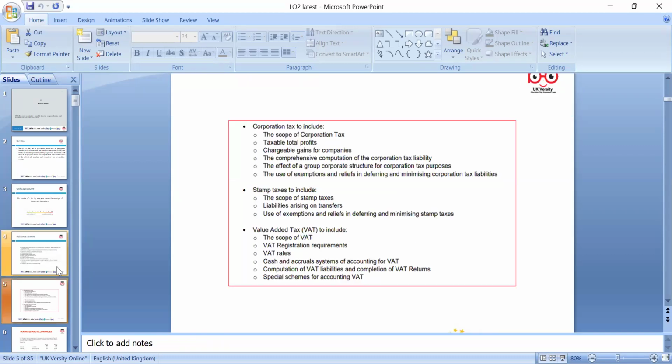That all will be in our discussion today. Corporation tax and its scope, we'll go through in a minute.